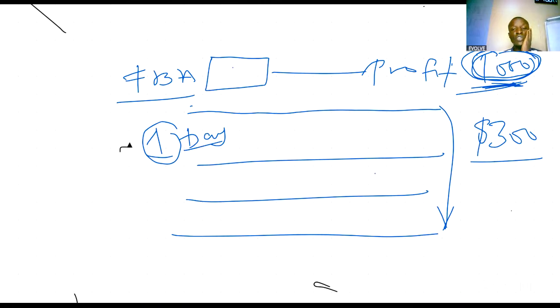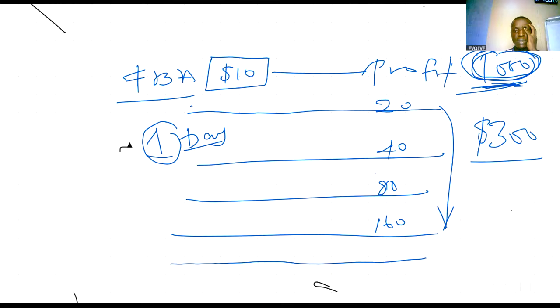So when the market drops, the robot will enter 20, 40, okay? Then we shall have there 80. We shall have 160. And I think we shall have another drop here, which is going to be 320.